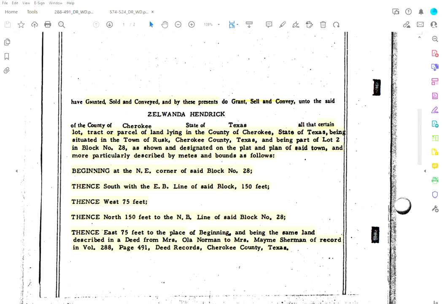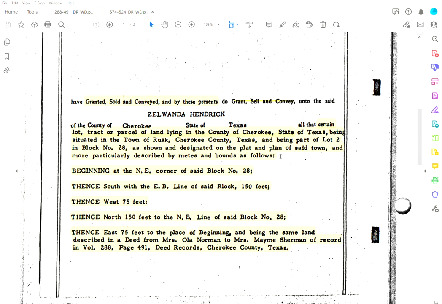The sellers have granted, sold, and conveyed, and by these presents do grant, sell, and convey unto the buyer all that, and here comes our legal description, all that certain lot, tract, or parcel of land lying in Cherokee County, state of Texas, being situated in the town of Rusk, Cherokee County, Texas, and being part of Lot 2 in Block 28 as shown and designated on the plat and plan of said town, and more particularly described by metes and bounds as follows.